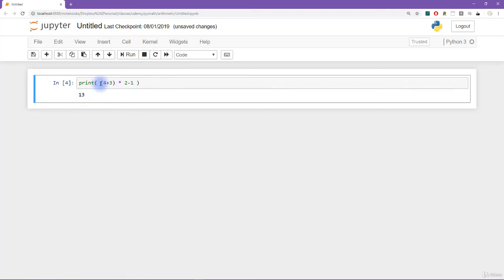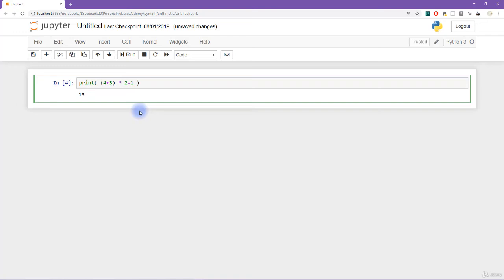This comes because we say 4 plus 3. Now this gets grouped together, so this is 7. And now what gets grouped over here? So we still have the multiplication. So actually Python is grouping together the 7 times the 2. So this gets run next, and 7 times 2 is 14. And then we say minus 1 is 13.